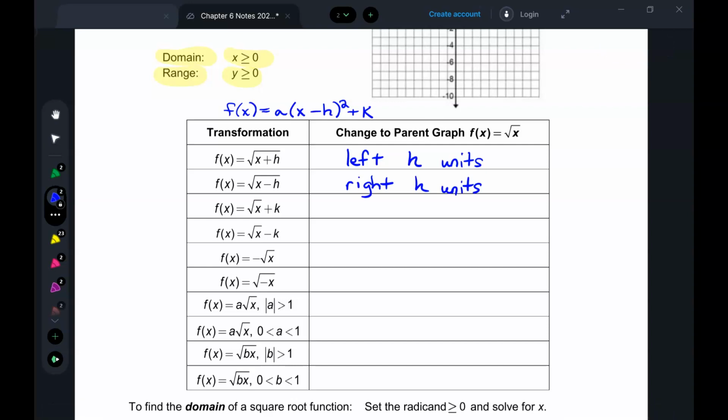Now, what if we're just adding k to the outside? Is it up k units? It's up, good, up k units. So when it's under the radical, it's the opposite, right? If it's plus, it moves it to the left. Minus, it moves it to the right. But when it's outside the radical, it basically matches the sign. So minus k would be down.